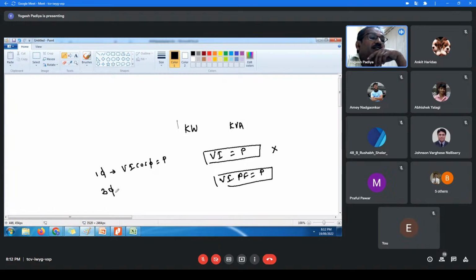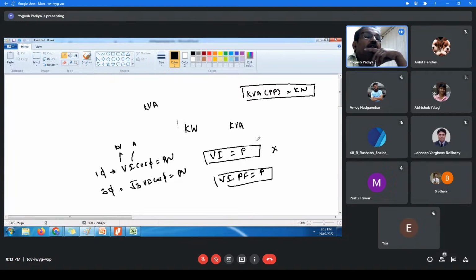In case of three phase, root 3 VI cos phi is power, in watts. Now, voltage has a unit of volt, current has a unit of ampere, so this becomes volt-ampere. If it is kilovolt, then kilovolt-ampere. It means that kVA into power factor is kilowatt.